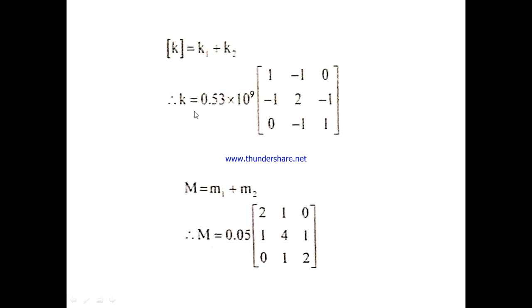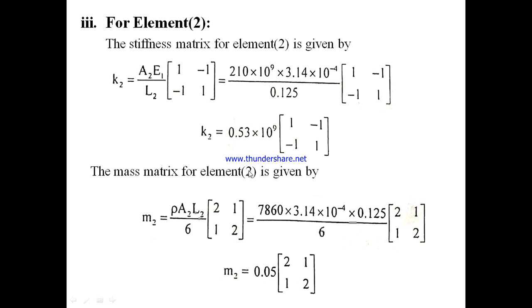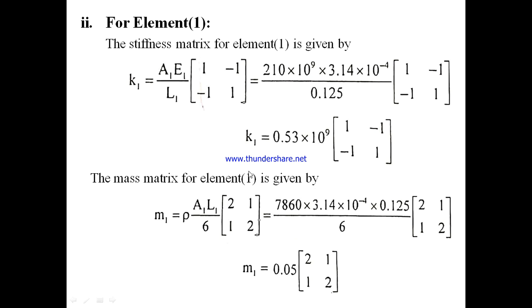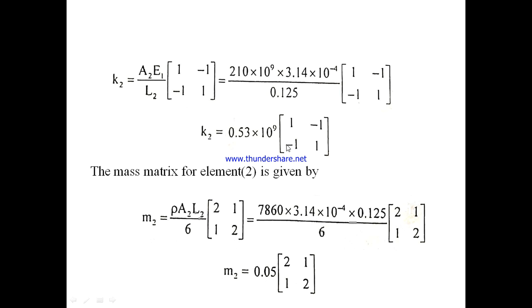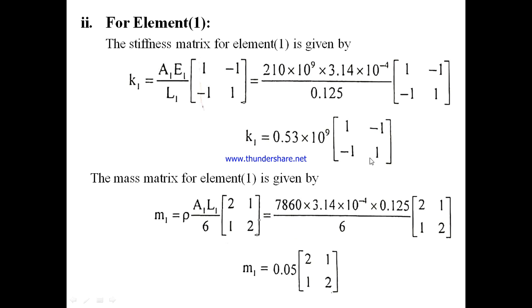So now when you come to the global stiffness matrix, I have given the hint in the previous lectures. The upper triangular matrix remains the same from the first element, and the lower triangle matrix remains the same from the second element.